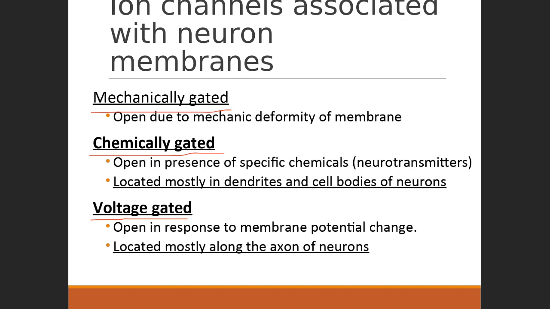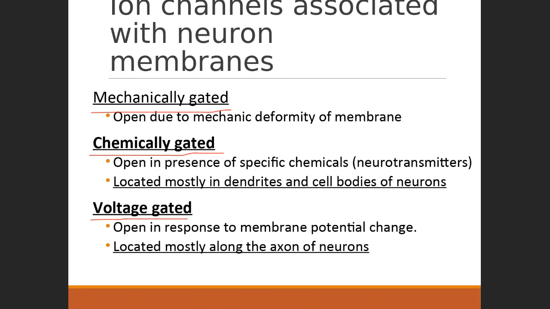And that's not the whole story. We need a change in voltage. Not just any change, we need a big enough change. We need a change in voltage right around that channel that hits a certain amplitude. Then the voltage gated channel will open.